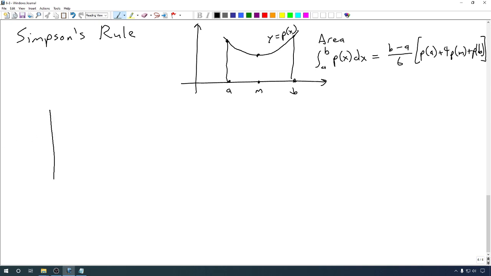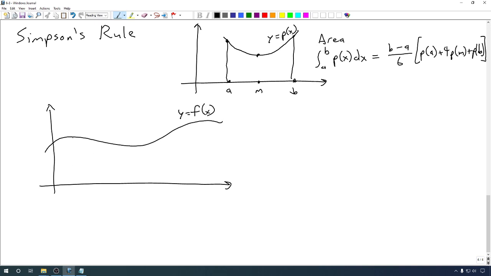So when we do this to approximate a more general function, say we have our function y equals f of x, and we go from a to b. We're going to divide up our interval into subintervals.